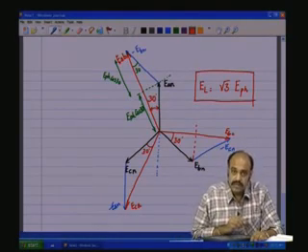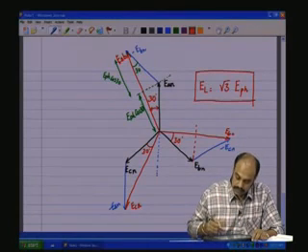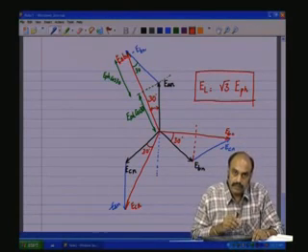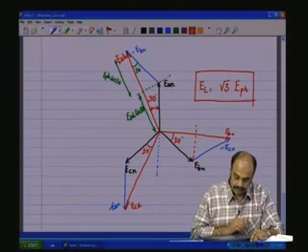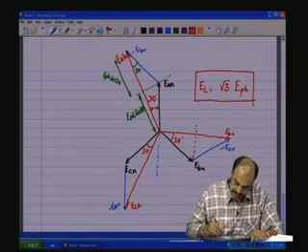Now, in the case of the star circuit, we are discussing the star circuit. What is the relationship between the line currents and the phase currents? So, likewise, let us give similar symbols for the line currents.